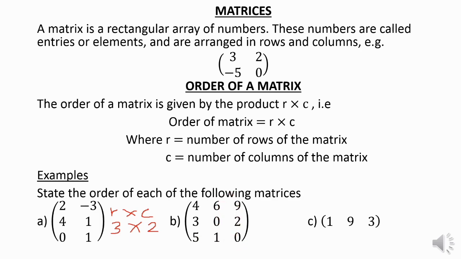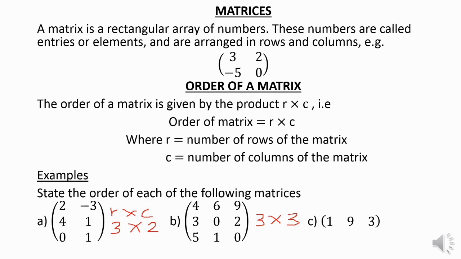So since this matrix has 3 rows and 3 columns, we can find the order. The order is the number of rows, which is 3, by the number of columns, which is 3 again, meaning the order is 3 by 3.